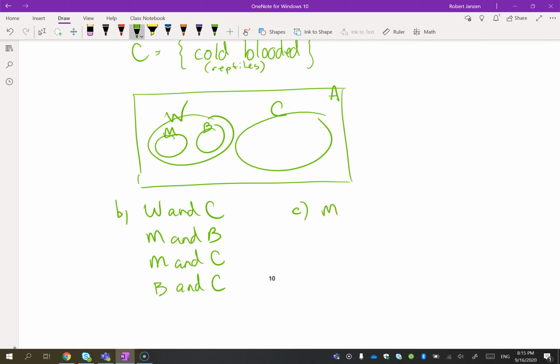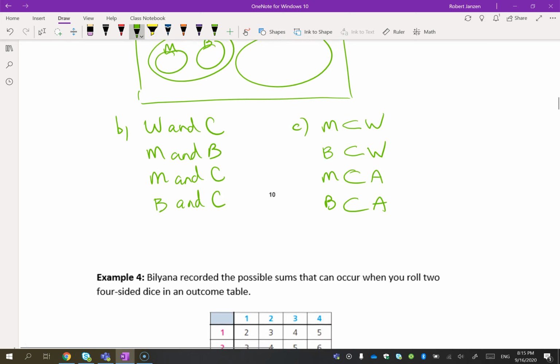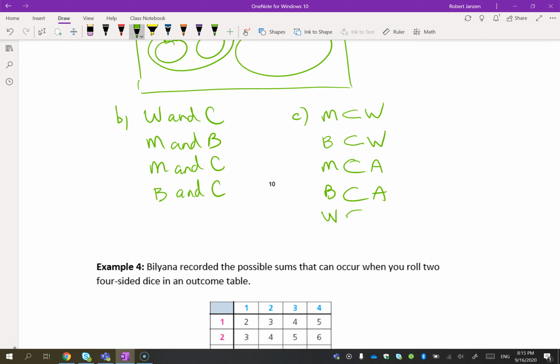Well, M is a subset of W. D is a subset of W. But also M is a subset of A, as D is a subset of A. We can also say W is a subset of A, and C is a subset of A. This is supposed to be like a sideways view. Sorry if that doesn't look very clear.